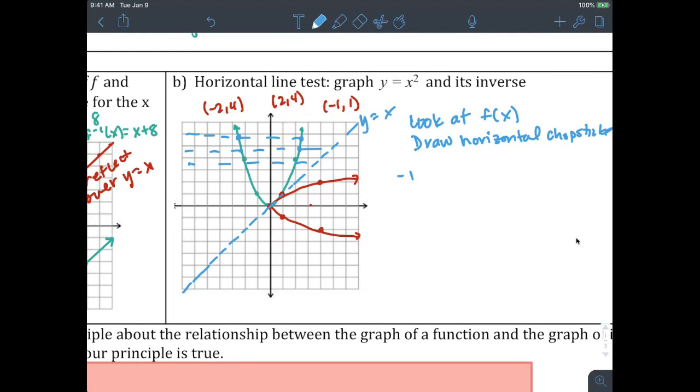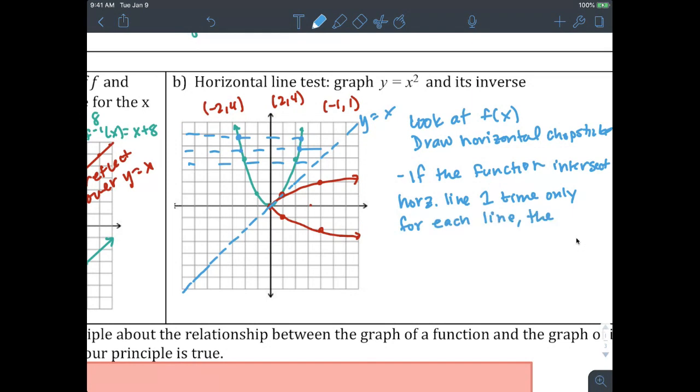So if the function intersects horizontal lines one time only for each line, the function is called 1-to-1 and passes the horizontal line test.